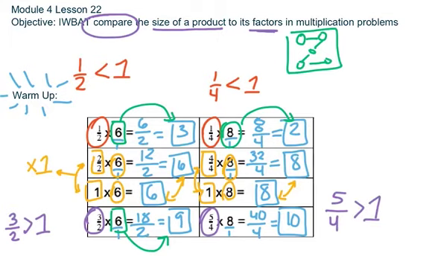So my product here is going to be greater than 8, which it is. It's 10. So again, it's not about actually doing the multiplication. It's about comparing the size of the product to the size of the factors.